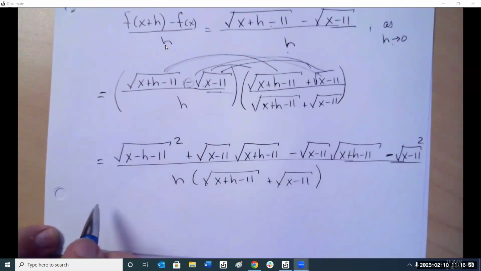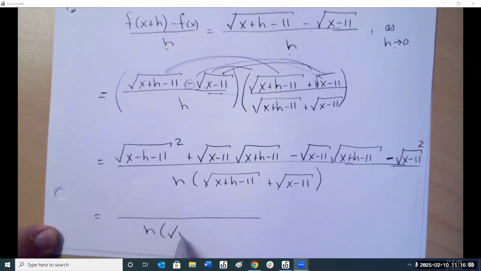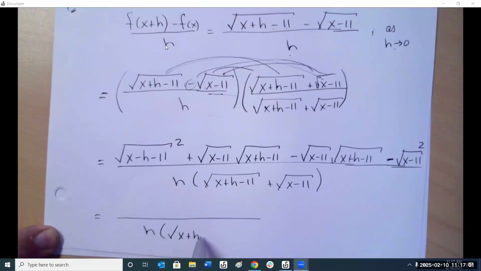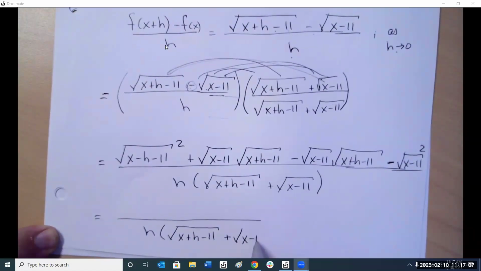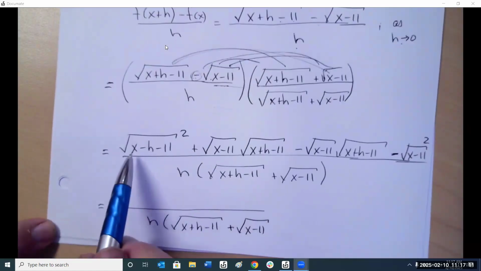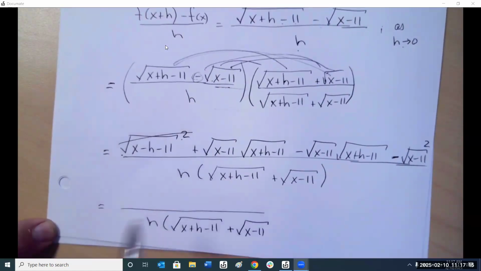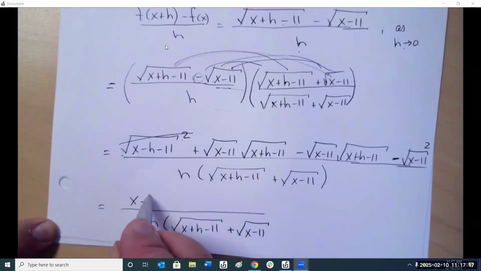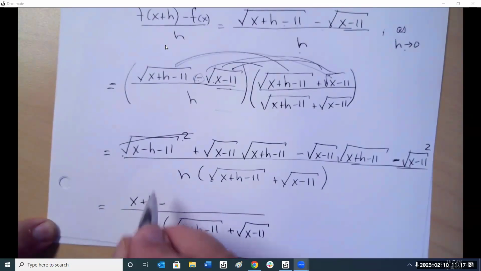Now, during the simplification process, what happens here? The square root squared, those cancel. So we have x plus h minus 11.